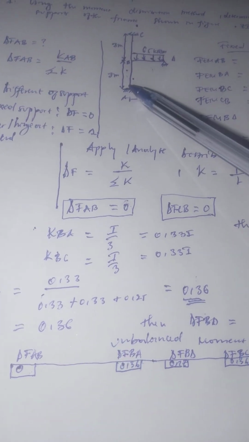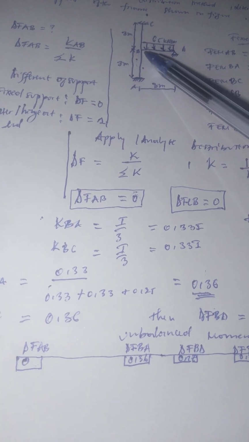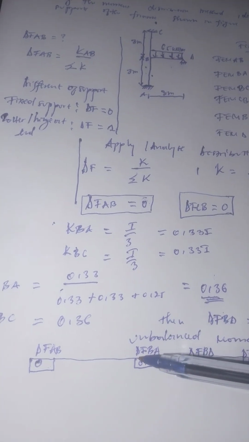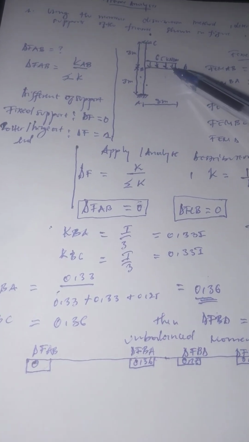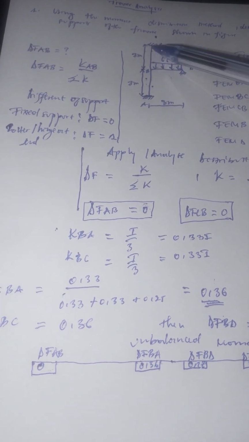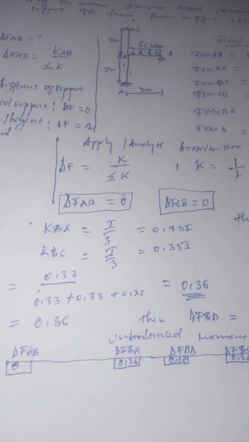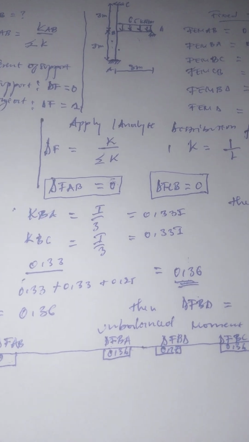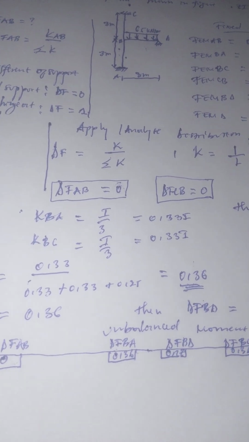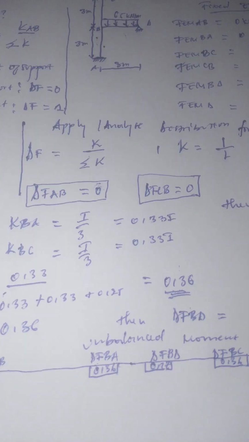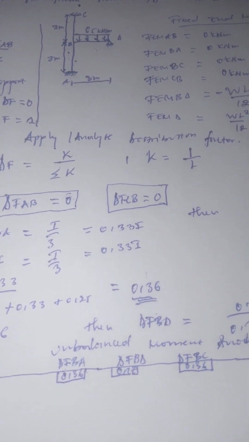We have this distribution factor AB and BA, distribution factor BD, distribution factor BC, distribution factor CB is equal to 0, like this.